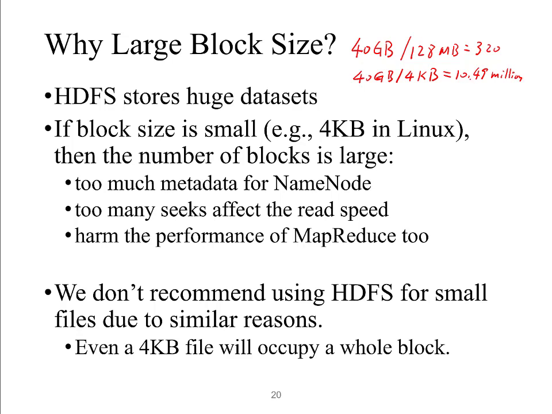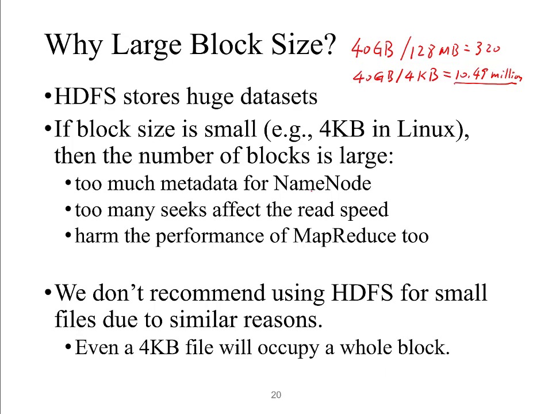The problem here is that if we have this many blocks, we would need too much metadata for the name node. The size of the metadata has nothing to do with the size of the block, but it needs to contain information like where the blocks are allocated, and the actual size of the blocks.